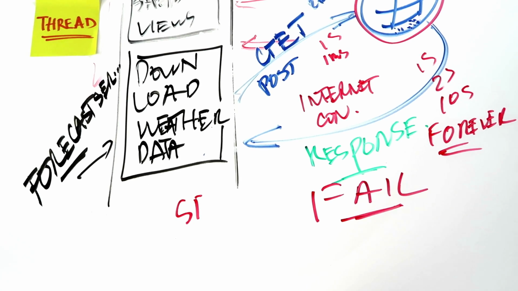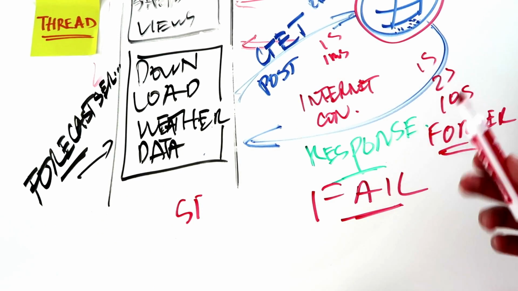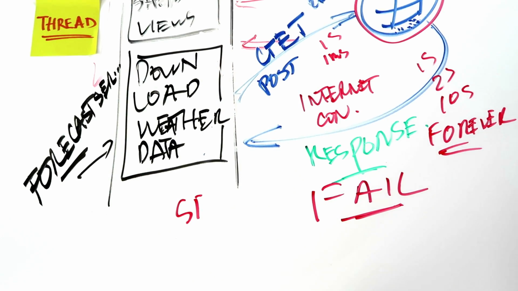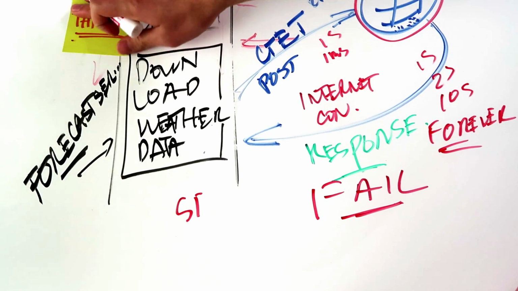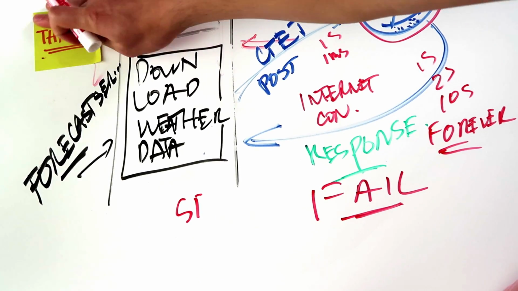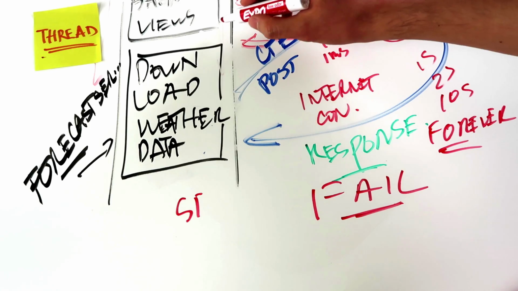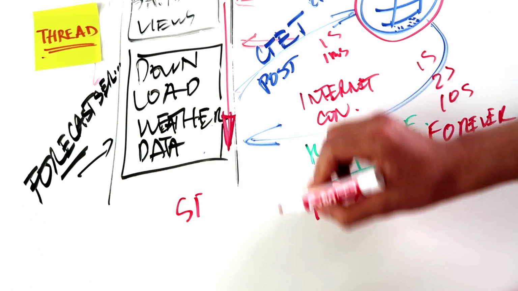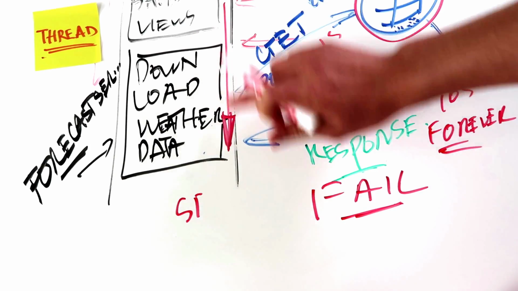So if we execute just one stream of execution, coming back to our problem with the thread, this is what we call an execution stream.